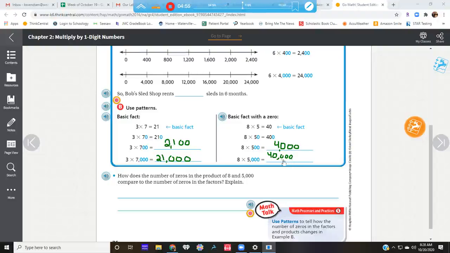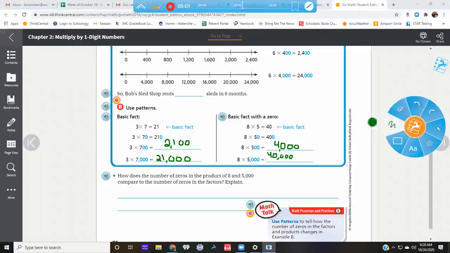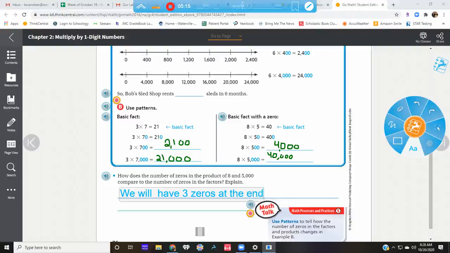So how many zeros are in our product and in our factors? So what we can say is we will have 3 zeros at the end of our product.